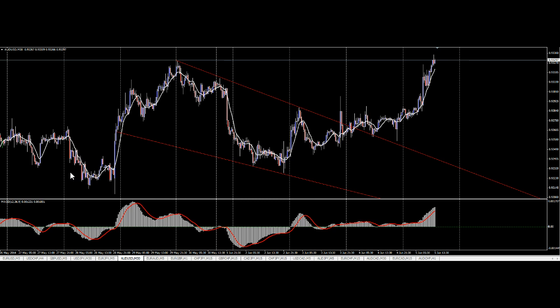And to find an entry, we'll use candlestick patterns, setting up either a bullish entry or a bearish entry. Bullish is to buy, anticipating the market is going to go long. If it's bearish, of course, you're going to sell, anticipating the market is going to drop in price.